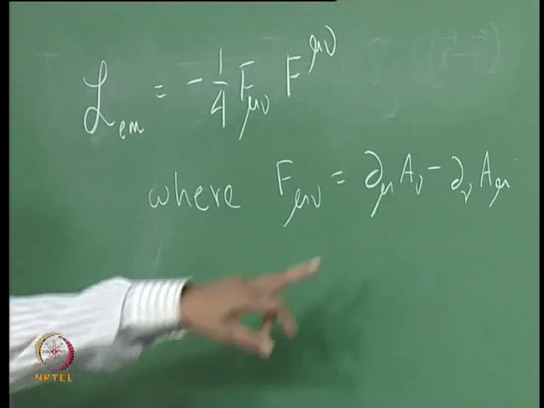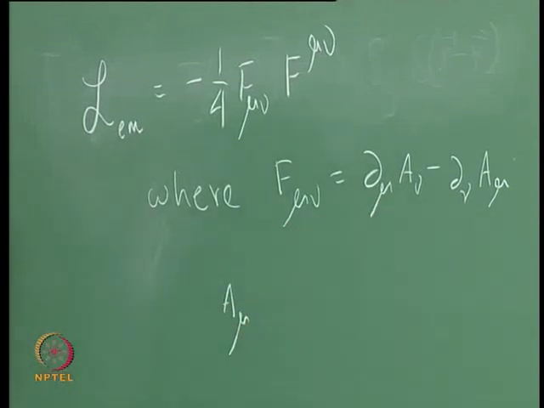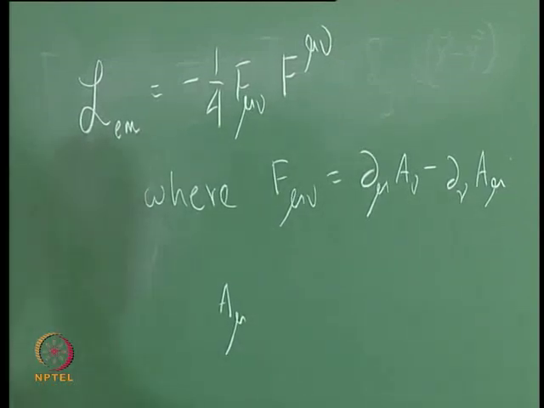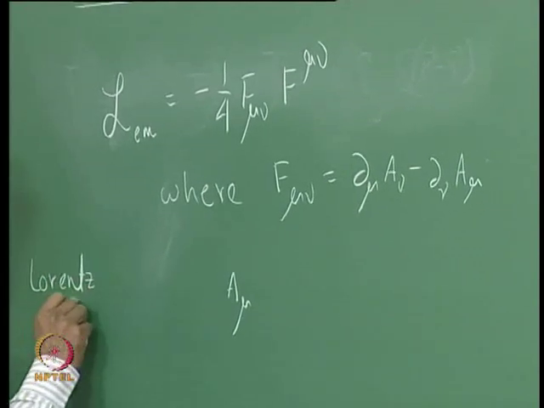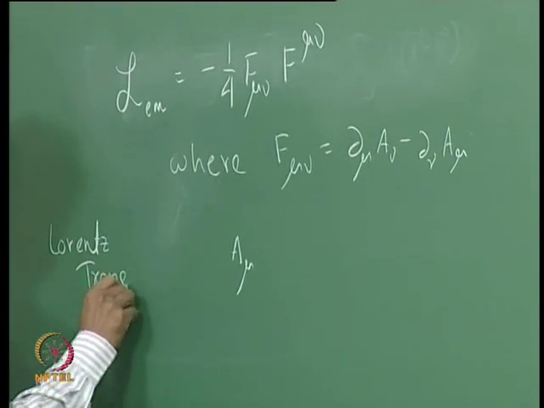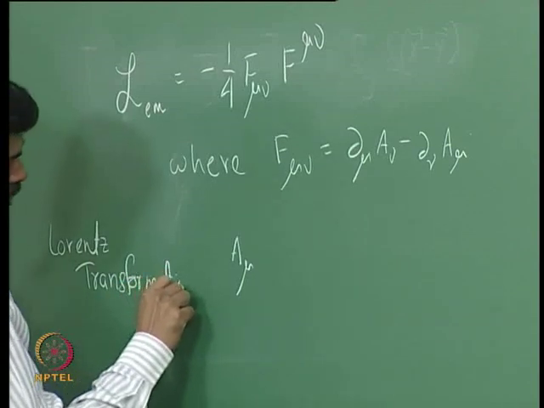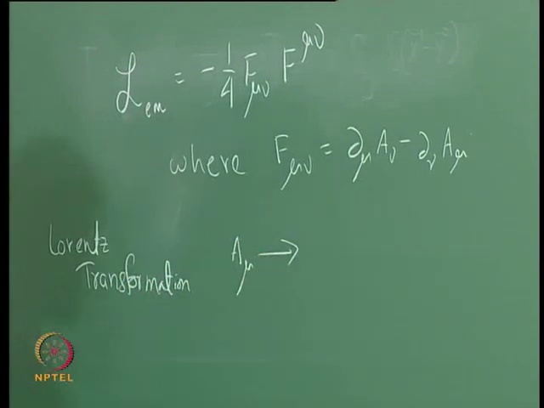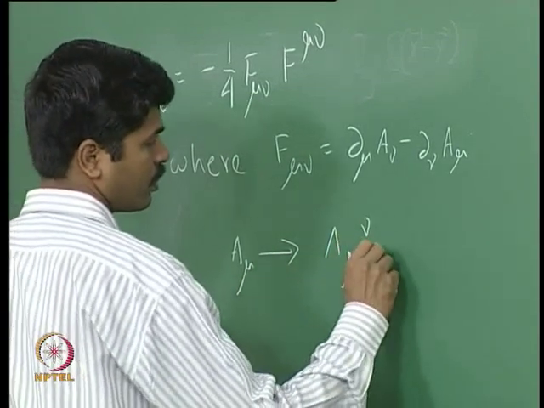The gauge field A mu is a vector field, which amounts to saying that under Lorentz transformation, this field A mu goes to lambda mu nu A nu.